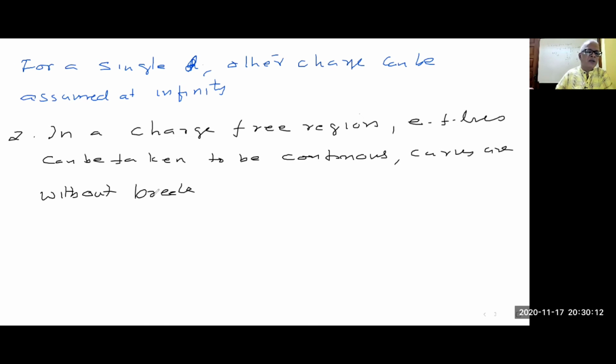This we can understand physically. Charge is conservative; we can neither create charge nor destroy charge. Charge remains as it is.